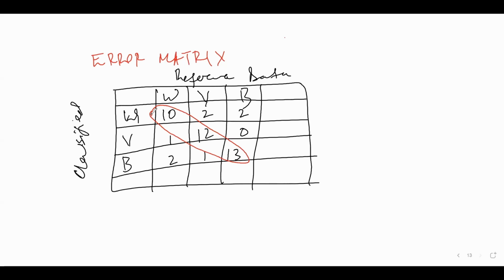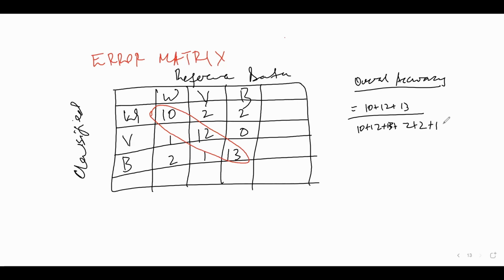We have what we refer to as overall accuracy. It will be the sum of diagonal values over the sum of all the pixels. So it would be equal to 10 plus 12 plus 13 over 10 plus 12 plus 13 plus 2 plus 2 plus 1 plus 2 plus 1.